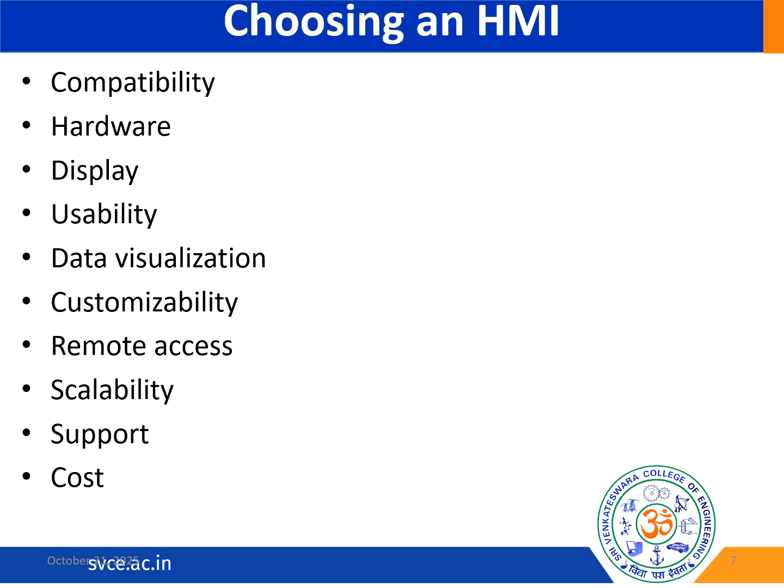So here, when you consider this particular slide, you will be learning about choosing an HMI. Choosing an HMI is very important. It is mainly used for industrial process systems. There are several factors to consider to ensure the HMI is the best fit for the specific application. First we'll look at compatibility.